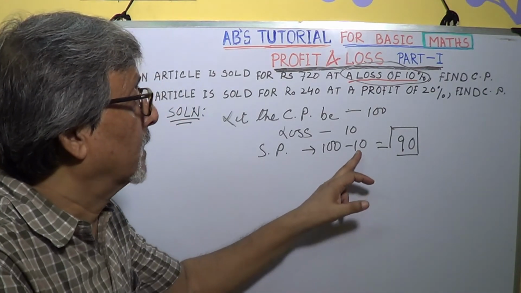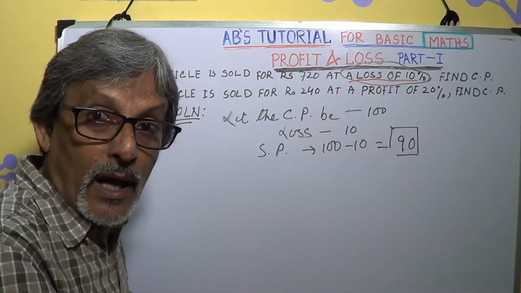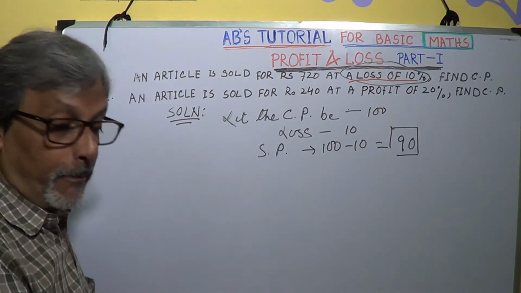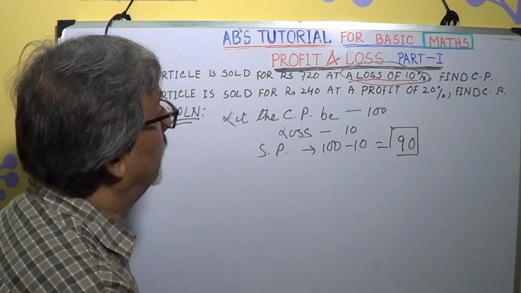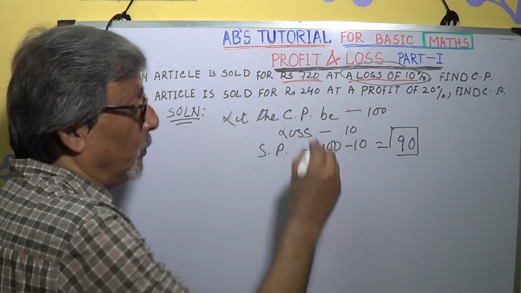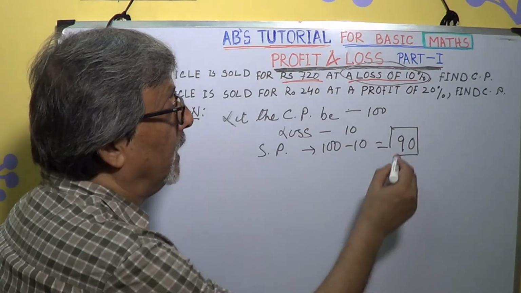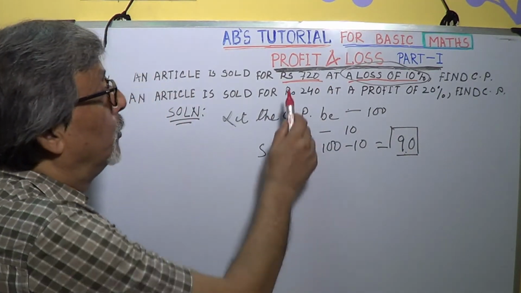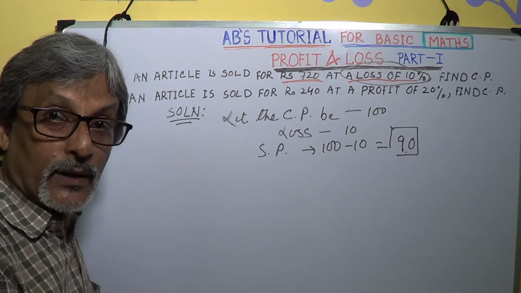So 100 minus 10 is equal to rupees 90. But in the problem, what they have given is rupees 720. It is not 90. It is rupees 720.